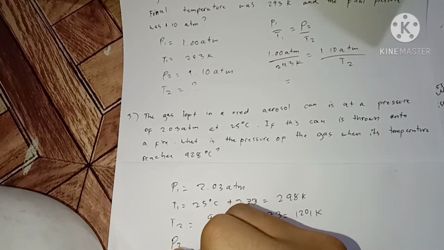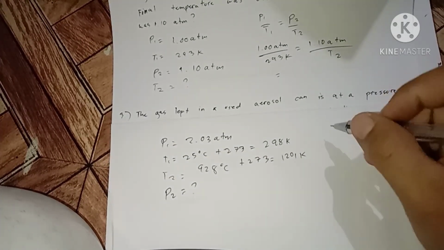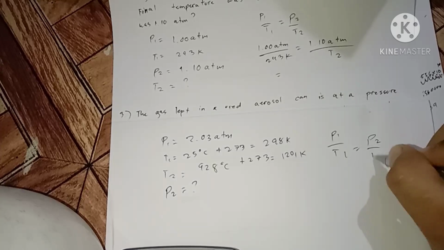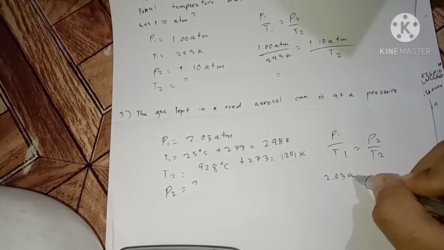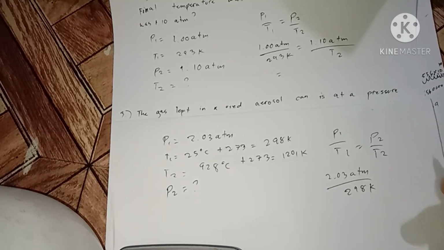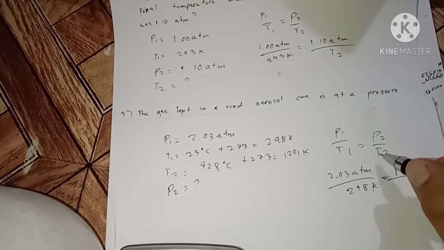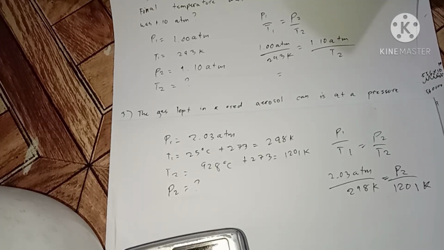The unknown here is pressure 2. The formula is P1 over T1 equals P2 over T2. So pressure 1, 2.03 atm, over temperature 1, 298 Kelvin, equals the unknown P2 over the temperature 2, 1201 Kelvin.